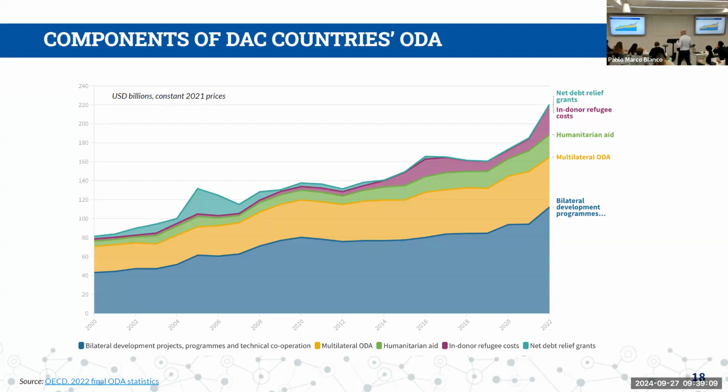Some part is also going to humanitarian aid. And more, in fact, is being accounted as support to countries that are receiving a high number of refugees. For example, Turkey has had millions of Syrian refugees for many years. We are counting this as ODA. Good.